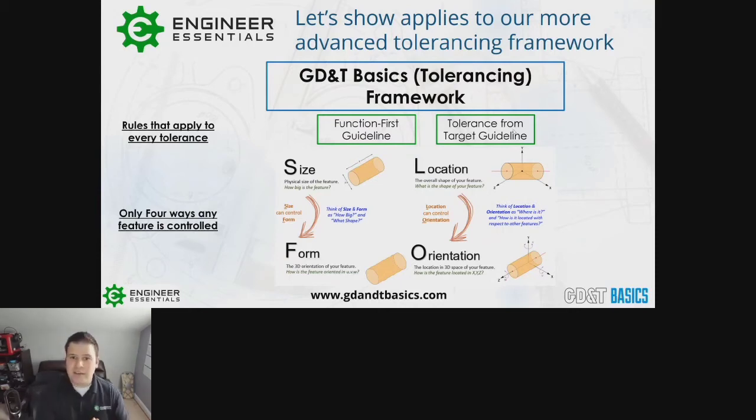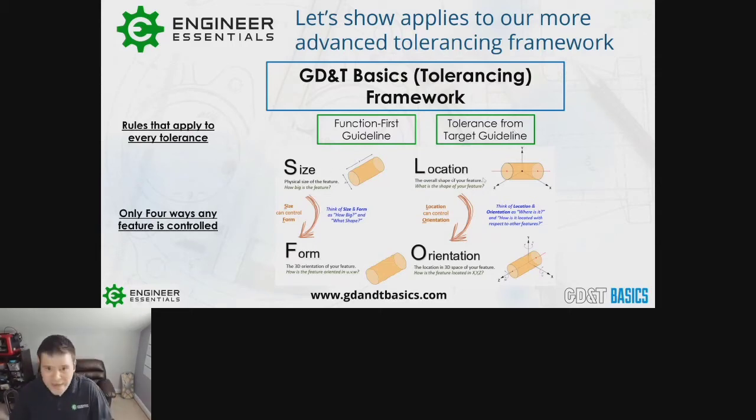That is the target, right? And then the position tolerance, the number in the frame that we put in there, is how far from that perfect target we are allowing for production. And that's all it is. All of the tolerances are about where we are aiming for in a perfect world. Basically our CAD model, right? Where is it on our CAD model? And then how far from our CAD model can this actually be?